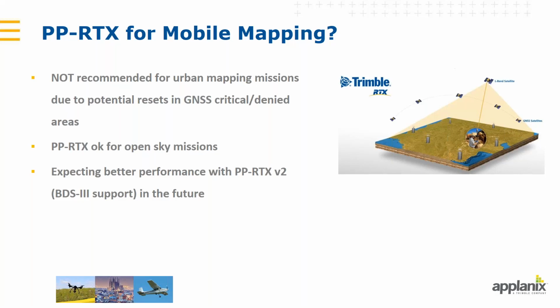We hope and expect that the performance will get better with the next generation of PPRTX, which then supports the third generation of BeiDou satellites. So for the future, we are optimistic that PPRTX is also a good option for land application.